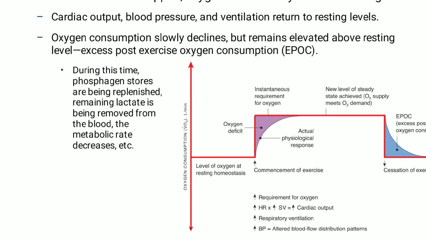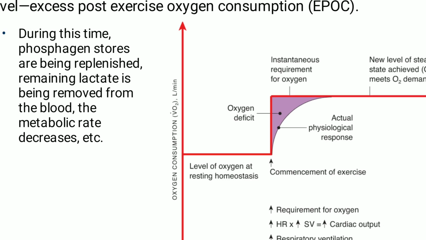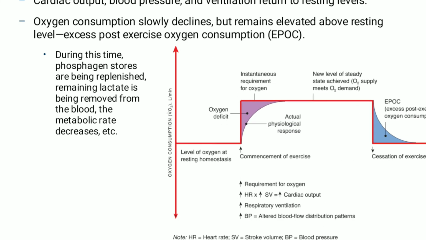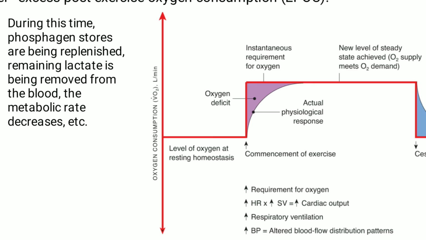So this is a very important graph related to oxygen consumption. There are two things you need to know from this graph. There are 3 levels, or 3 phases, that take place in a muscular exercise related to oxygen deficit and oxygen debt. The first phase we call an adaptation phase, where oxygen deficit takes place.